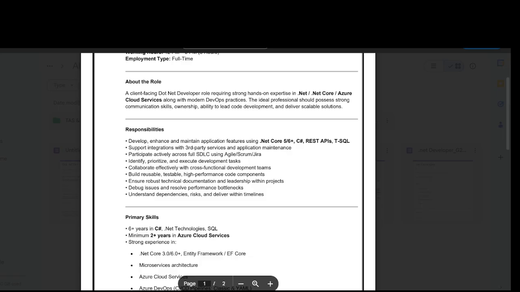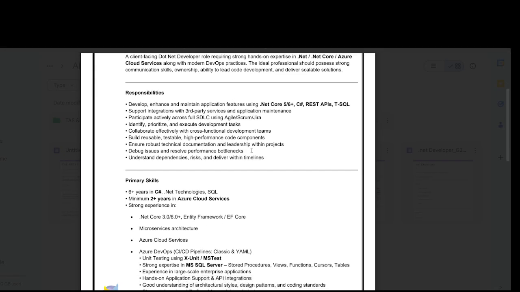Now we will define each and every keyword or skill set, what they actually mean, what they actually do, and how, as a collective service, they architect an entire software.